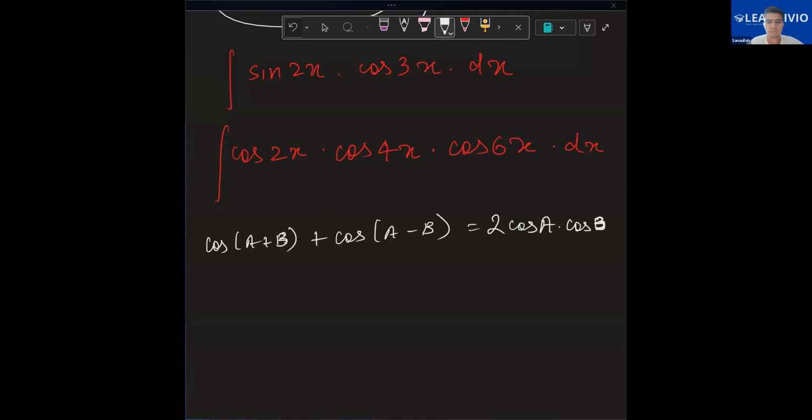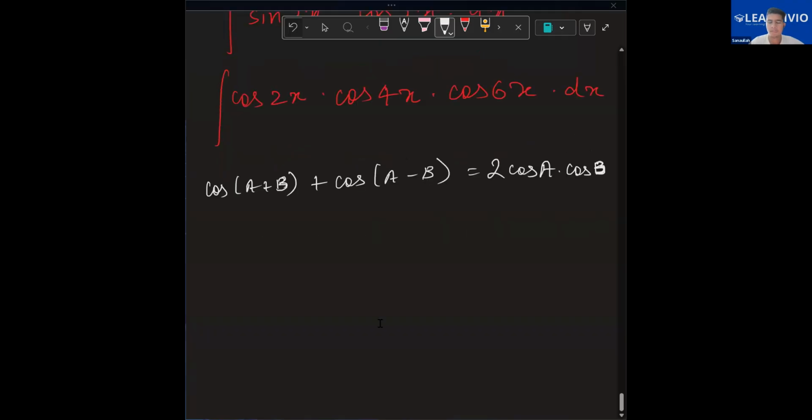Done, sir. Okay, so what's the answer? 1/4 into sine 12x by 12 plus x plus sine x by x plus sine 4x by 4 plus c.